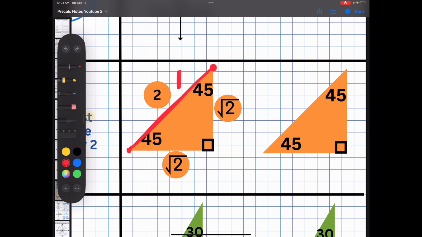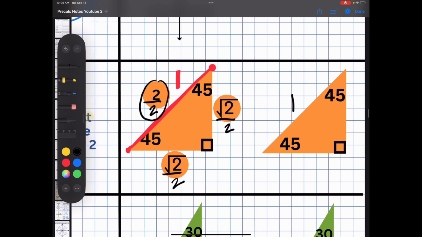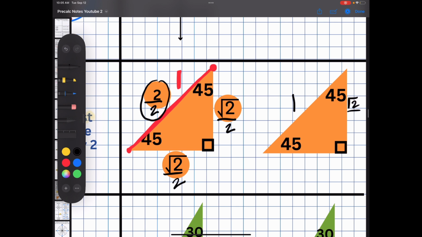So in order for this hypotenuse to be equal to 1, I will need to take the value of 2 and divide by 2. But if I do that to one side, I need to do that to all of my sides. So once I simplify, 2 divided by 2 is going to give me 1. And then radical 2 over 2, I can't really simplify anymore. It would stay as radical 2 over 2.